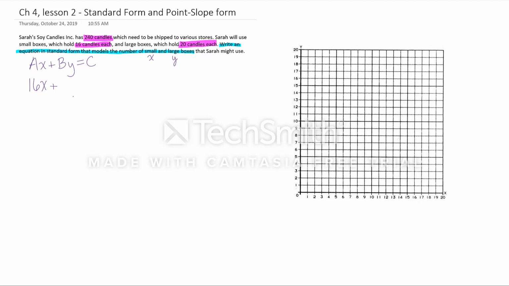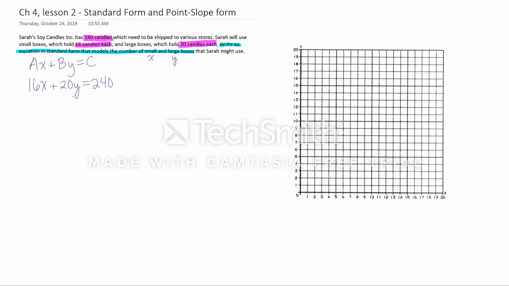That can be represented by the rate of 20 candles per large box, or 20 times y. And then of course we have our constraint that altogether that has to equal 240. So that's where our constant's going to go. That doesn't change. No matter how many small or large boxes we use, we have to pack 240 candles. So it makes sense that that's our constant.